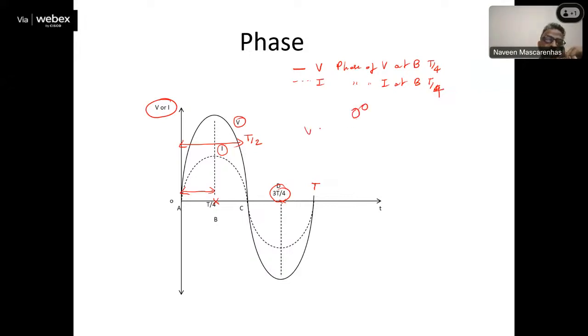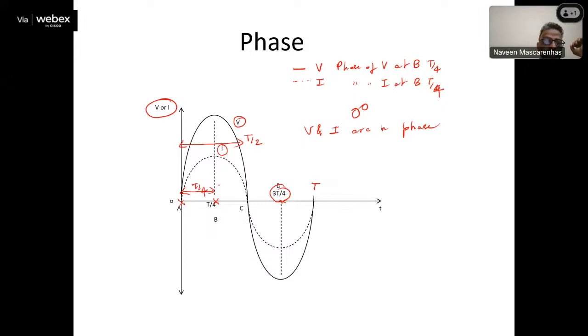So in this diagram especially, V and I are in phase. But what is phase? The amount of time lapsed or angular distance covered once an AC quantity has passed a given reference point, and the reference point is always 0 in the positive direction. So what is the time lapse to reach from A to B? It's T by 4.